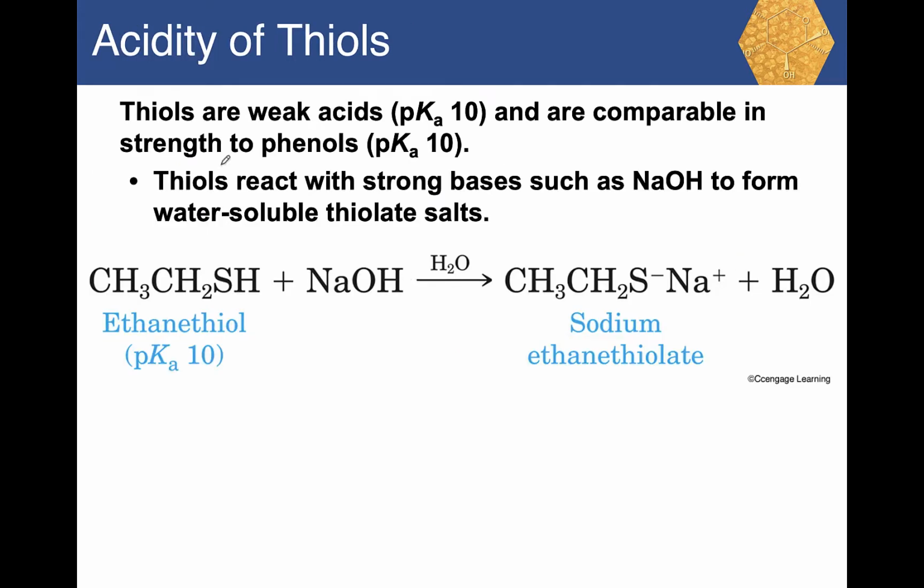Let us look at the reactions of thiols. First, the acidity. Thiols are weak acids. Remember again, acids here are hydrogen or proton donors. The pKa here reflects the acidity of molecules or of acids. The pKa, or the equilibrium constant, is around 10.